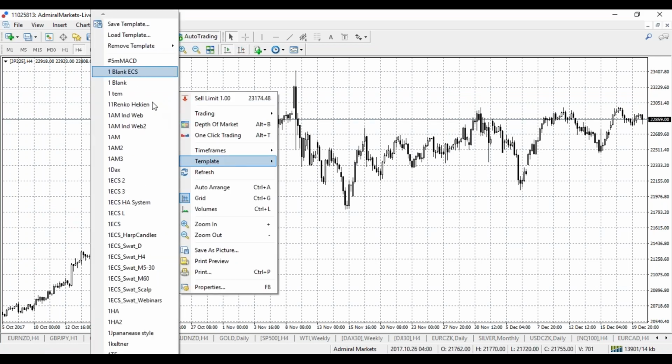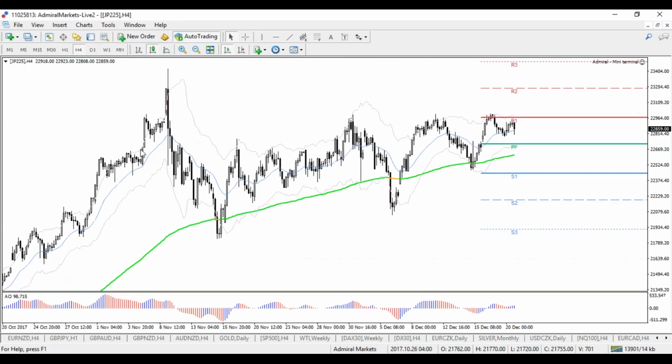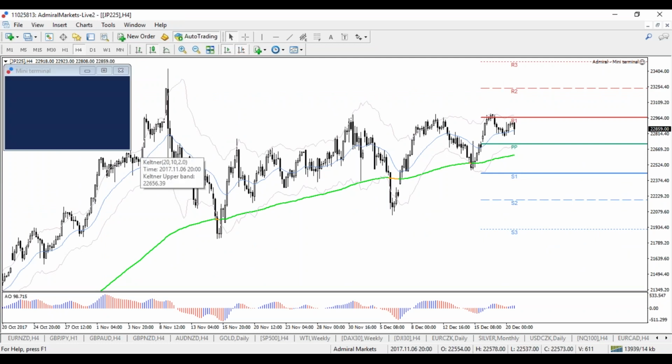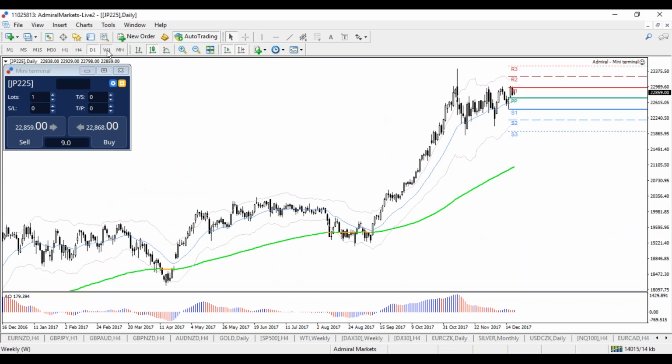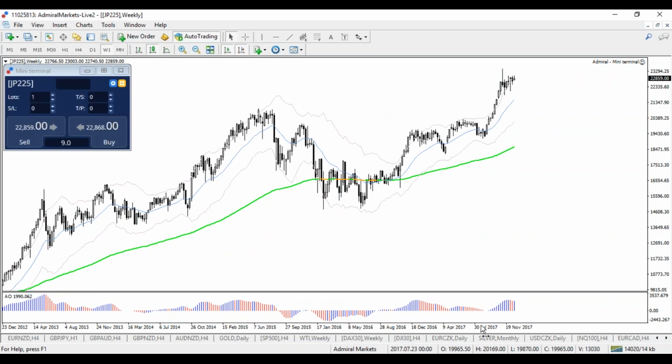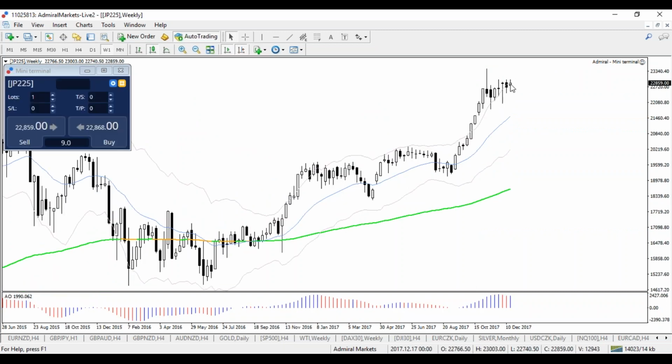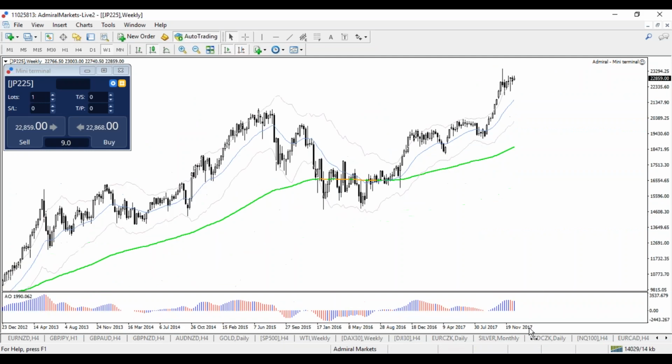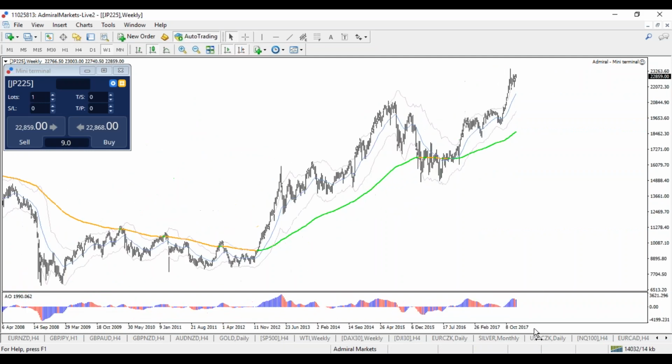Nikkei. Yeah, also the sixth week not breaking for a high. Big pin bar on this stock index. Very similar indeed.